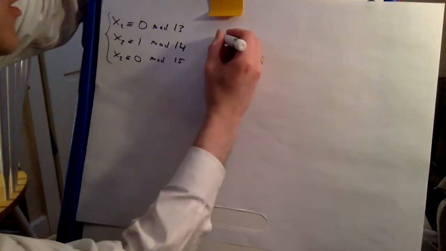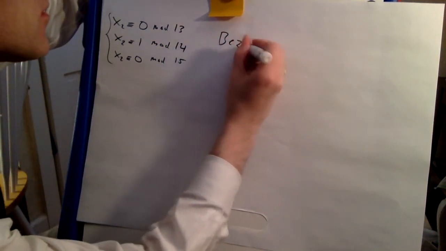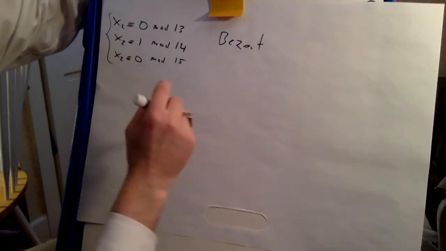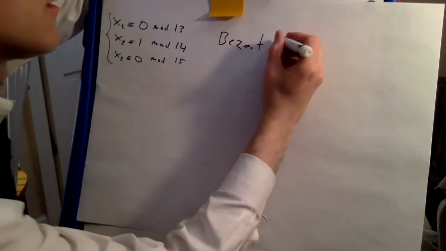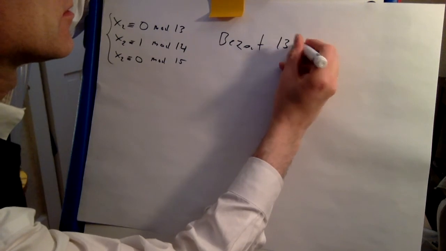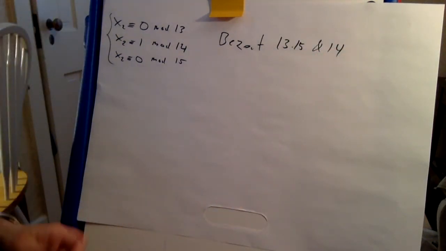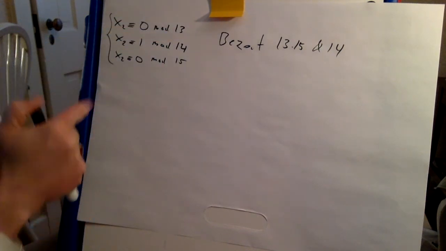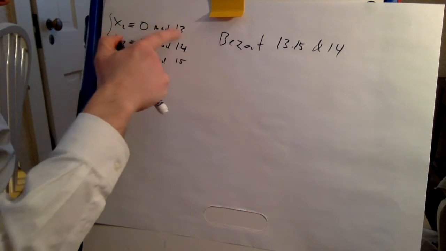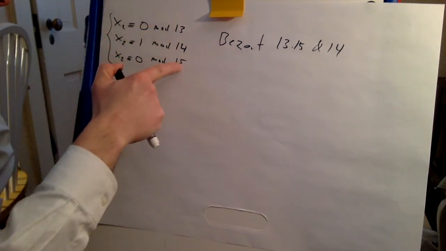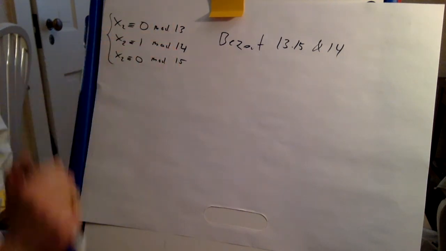What we had to do this time around is run the algorithm on 13 times 15 and 14. And now observe, this is a concept in numbers. You know in fact that 13 times 15 is 1 less than 14 squared.